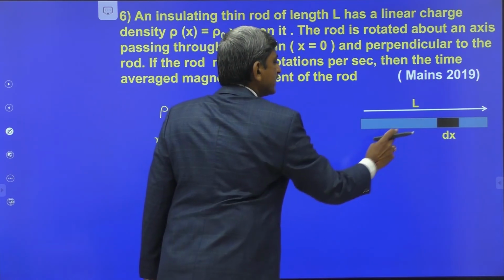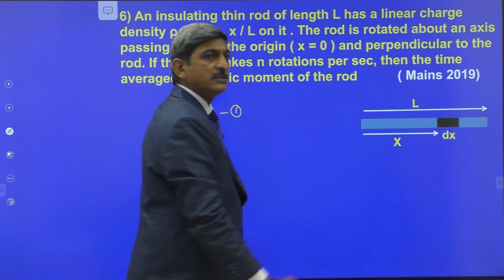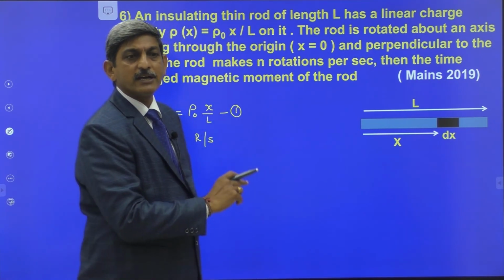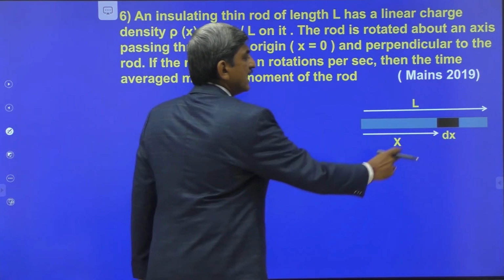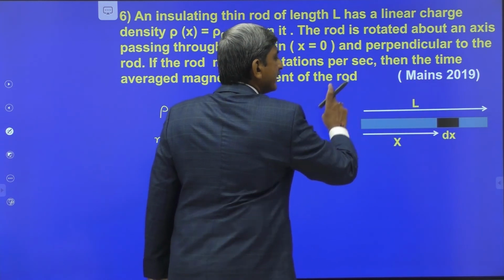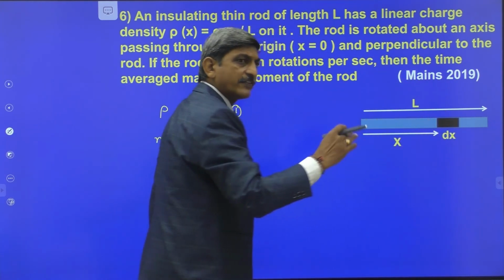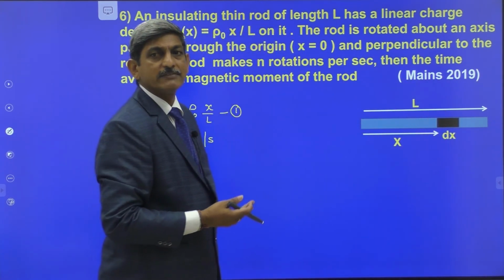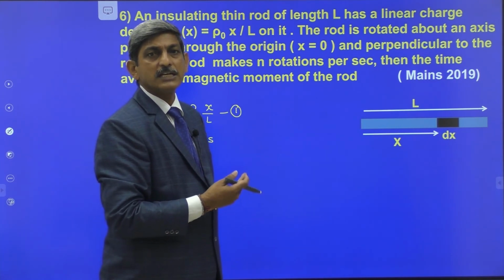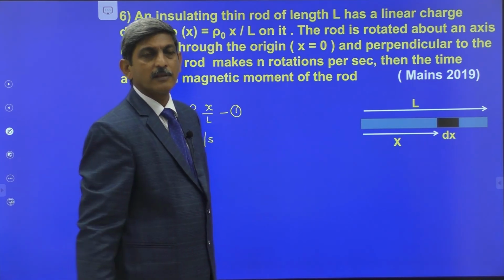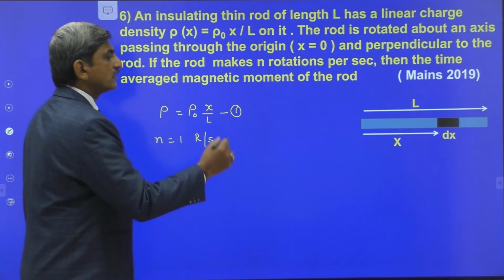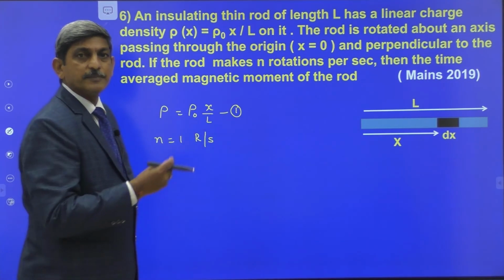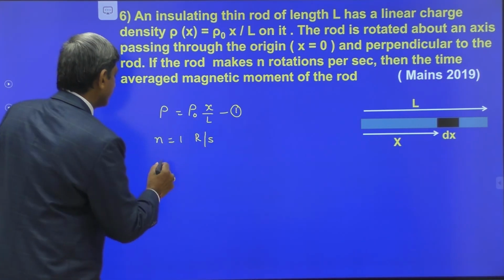Let the element be at a distance of x from the origin or one end of the rod. Now, I am going to determine the dipole moment of this element. After that, I am going to determine the dipole moment of the entire rod by using the concept of integration.